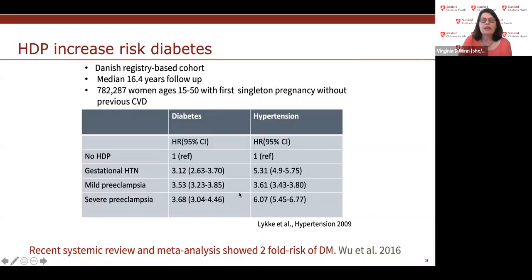In contrast, hypertension is at higher levels. And you'll notice this is an older study using the older nomenclature. But there was a recent systematic review and meta-analysis that shows over many studies that have occurred since this study that the increased risk of diabetes is clearly around twofold risk.